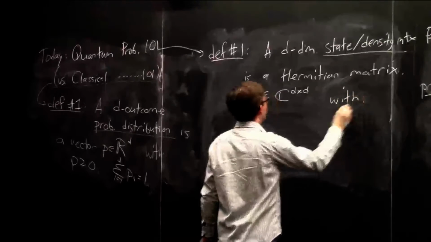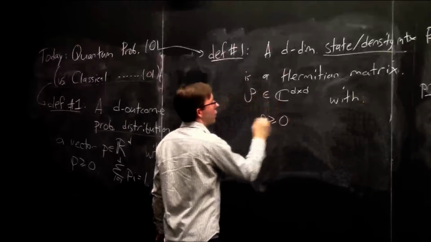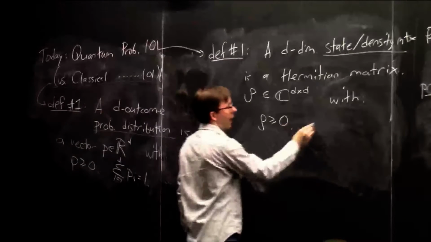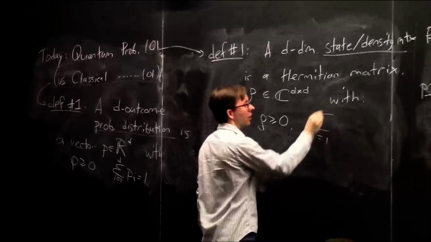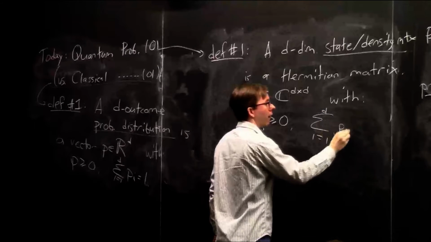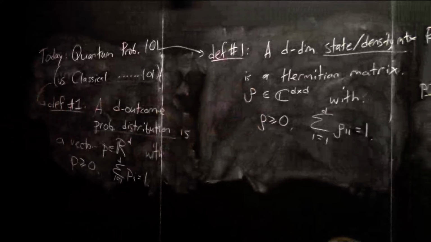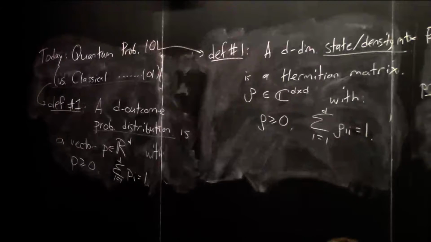They look almost the same. Rho greater than or equal to 0. Remember, that's a matrix thing. It means it's positive semi-definite. And this other condition, this normalization condition: the trace is 1.